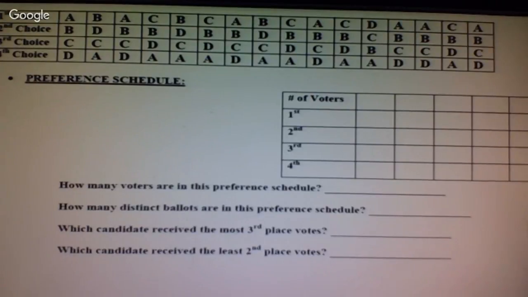This looks a mess and it's hard to deal with. So we do something called creating a preference schedule. What happens here is we group identical ballots into a simplified table.